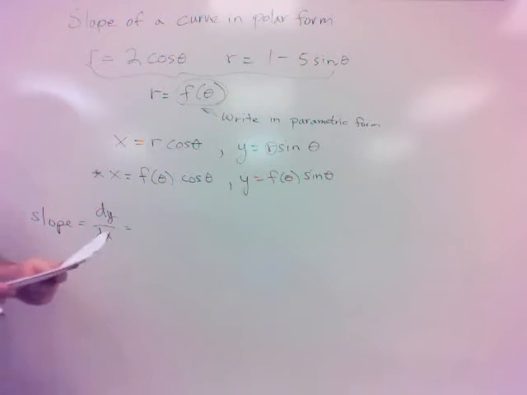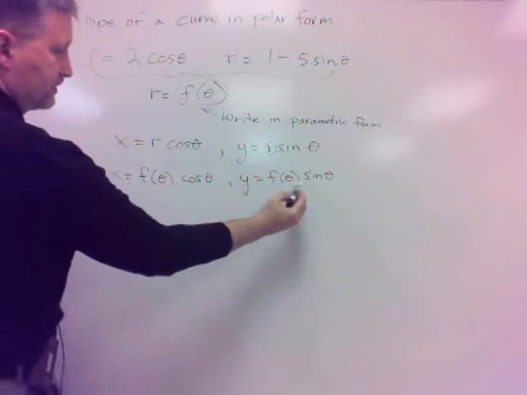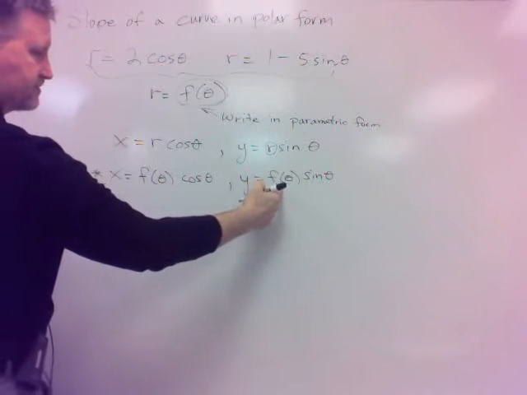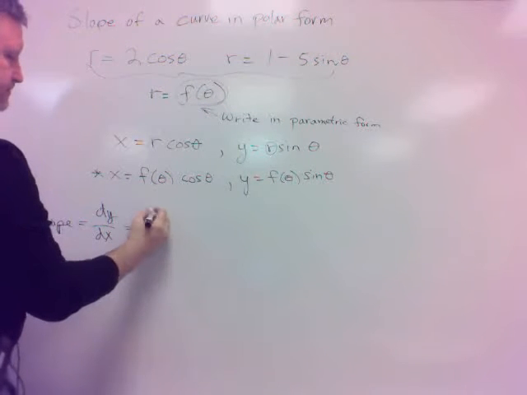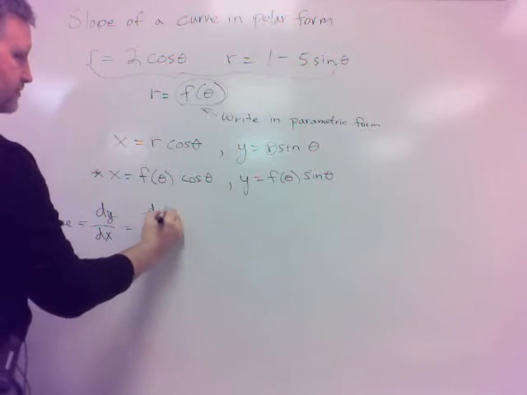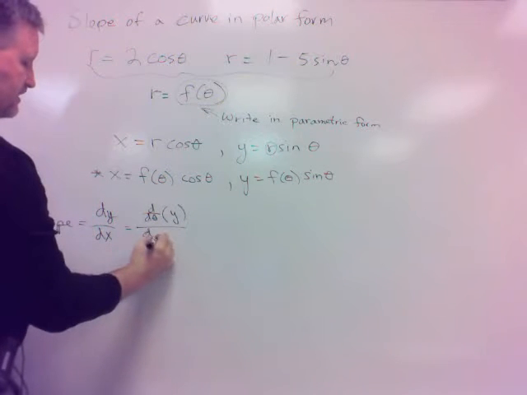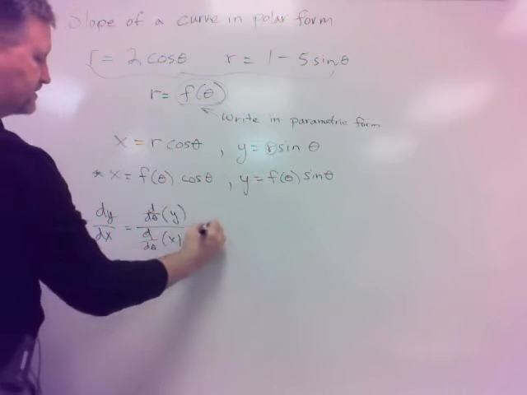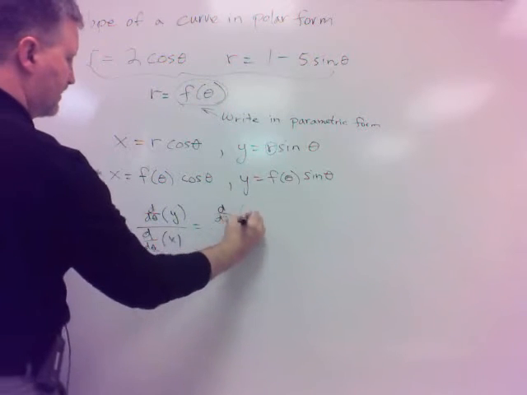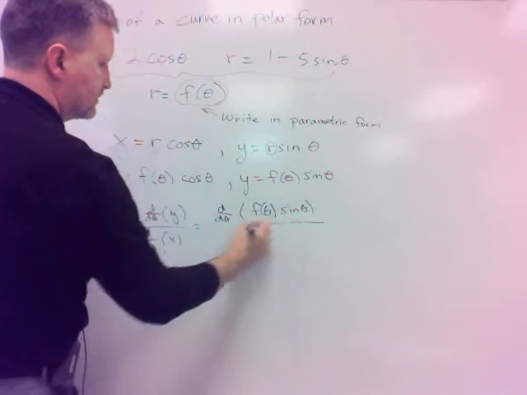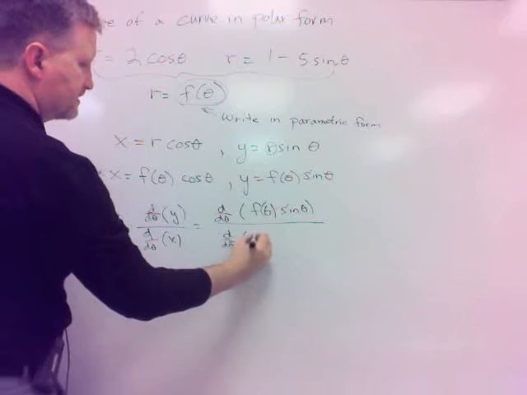Okay? So what it will be then is I'd take the derivative of f of theta times sine of theta, d theta of that, and then the d theta of the x, which is going to be the derivative of f of theta cosine theta.